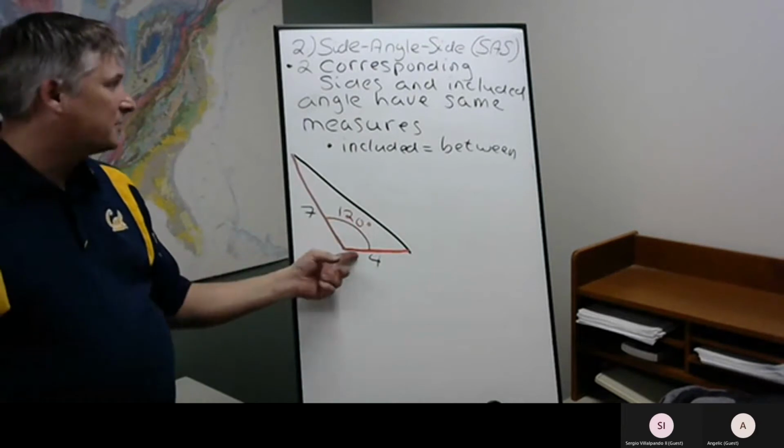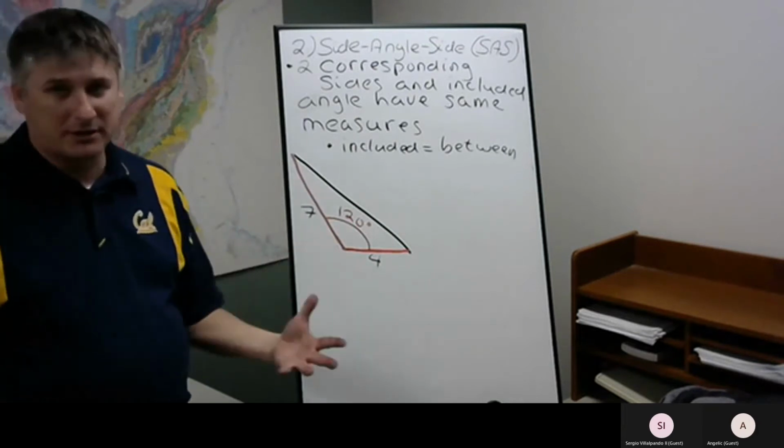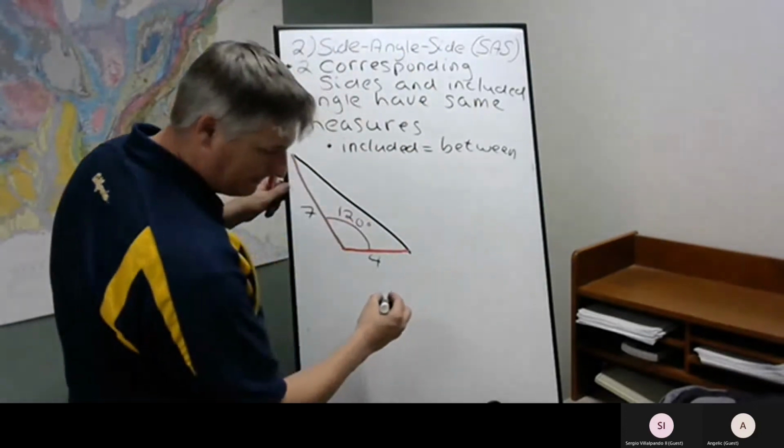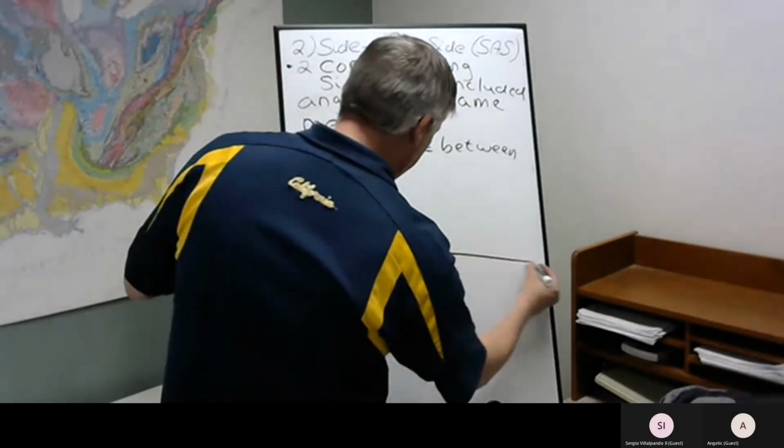So here are two sides. Now, these aren't corresponding to each other. We need to get their corresponding sides over here.